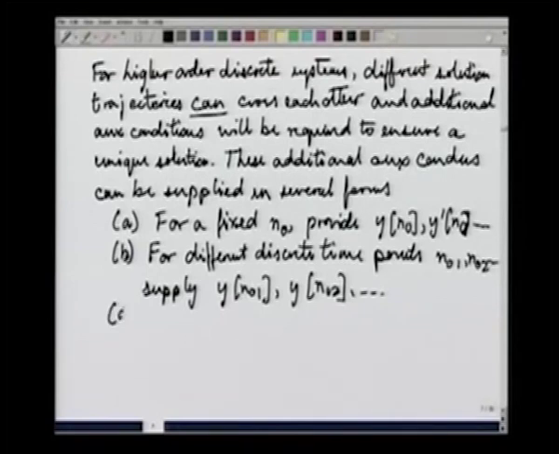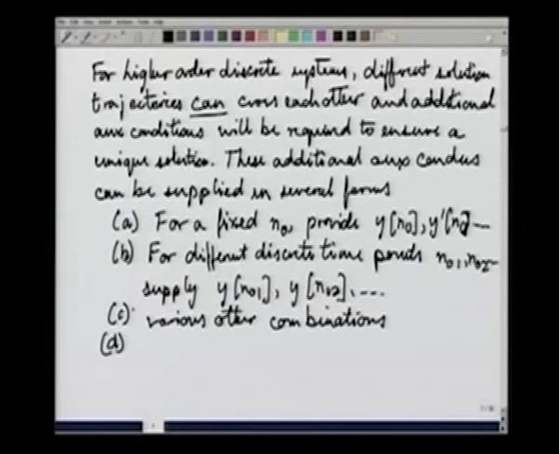C, I will just say various other combinations. This is C, D and so on. All these are various other combinations.